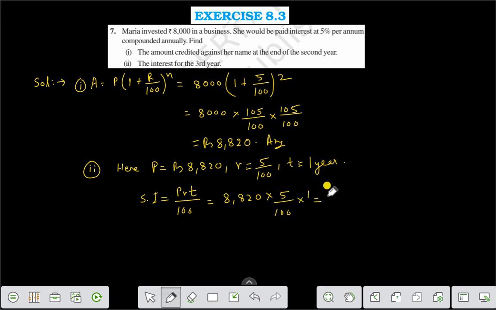Therefore, after calculation, we are getting rupees 441. That is the answer. The amount credited against her name at the end of the second year is rupees 8,820, and the interest for the third year is rupees 441.